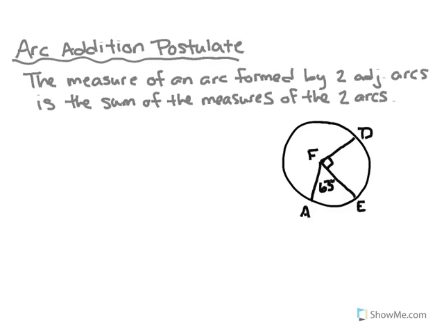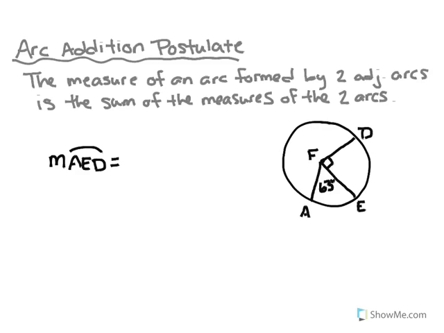Okay, so we're now going to talk about the arc addition postulate. All this says is that the measure of an arc formed by two adjacent arcs is the sum of the measures of those two arcs. So in this particular picture, say I wanted to know the measure of arc AED. Again, I'm giving you 3 letters because I want you to go in a particular direction. I'm talking about just one of these specific arcs.